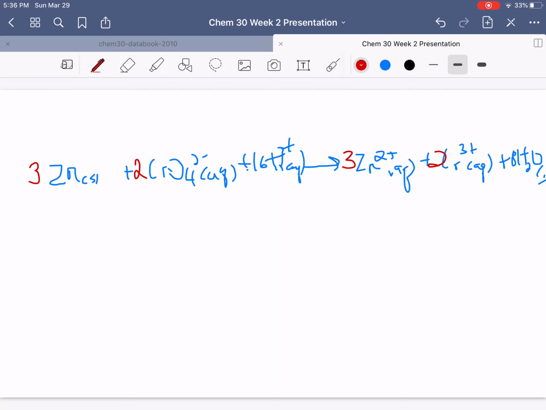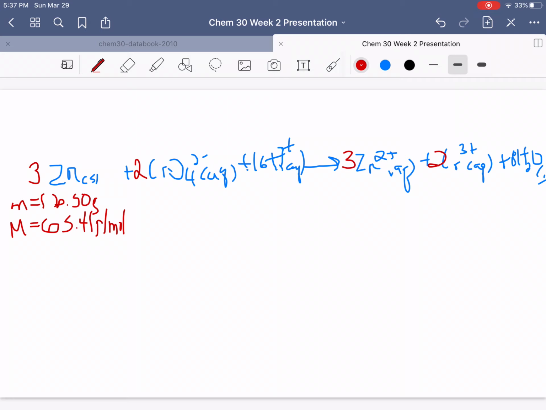What do you actually know? Well, you know an original mass of zinc, which is 16.50 grams. We also always know the molar masses of our known chemicals. Molar mass of zinc is 65.41 grams per mole.